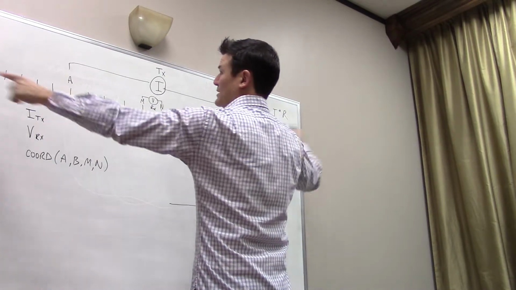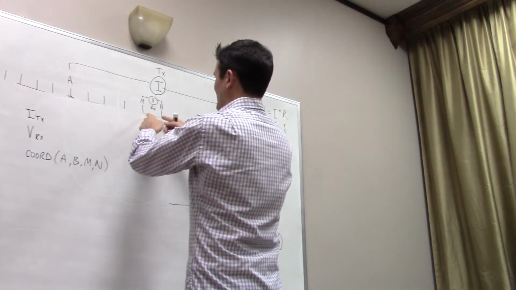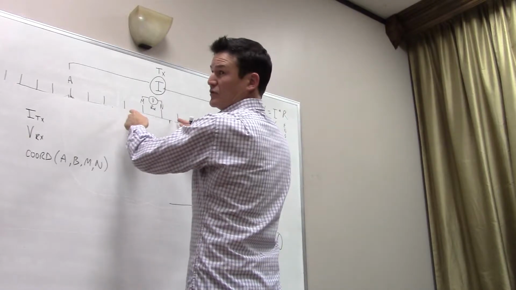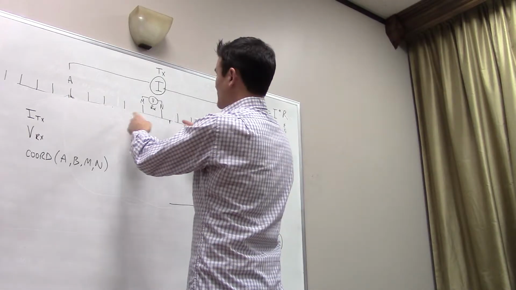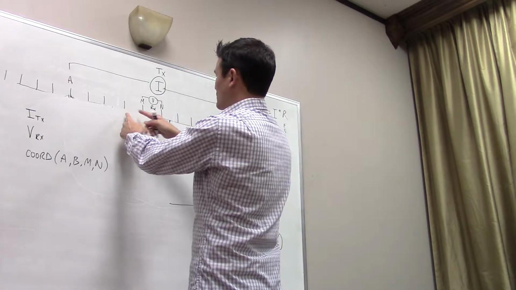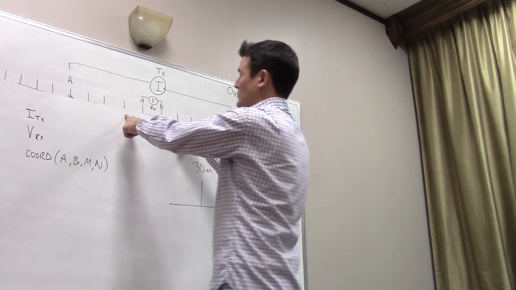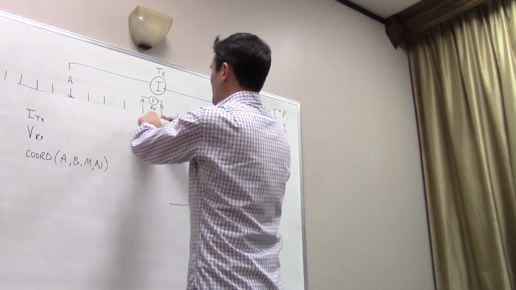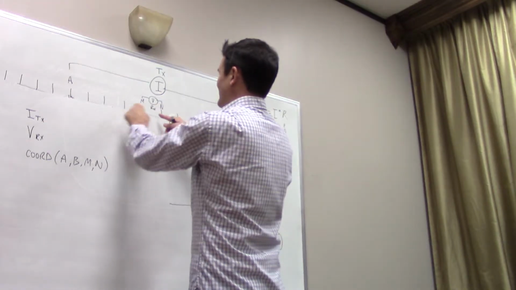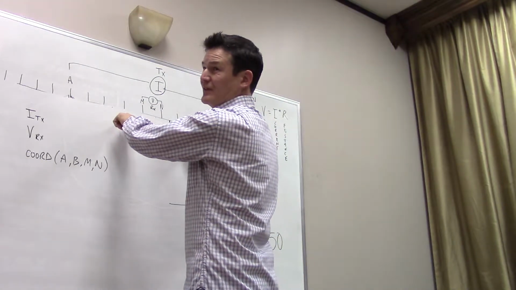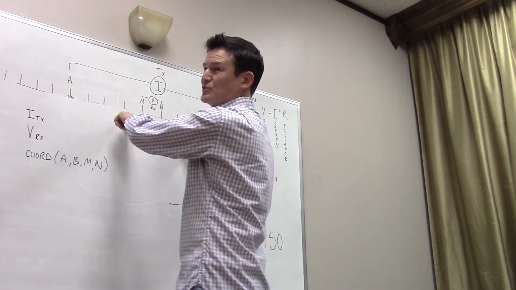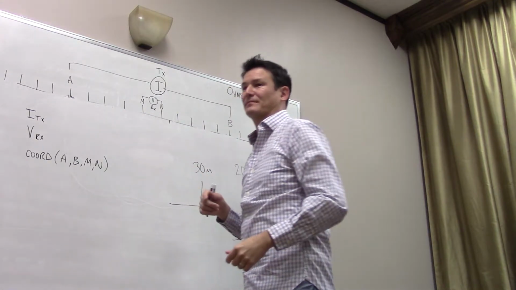If we spread A and B out further, the voltage becomes smaller, so we have to open it up to measure a larger voltage. But then we lose resolution, because instead of 1 electrode spacing, it's now 3 electrodes. So now the electrode spacing is no longer, let's say, 1 meter, it's 3 meters. So if you divide 3 by 2, your resolution is 1.5 meters, right?